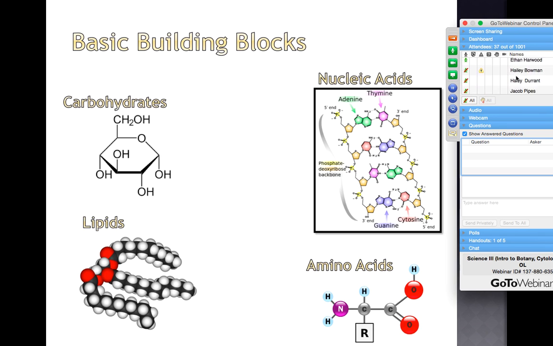So plants use carbohydrates both for energy, for storage of energy, and also for structure, for building structures. Okay. How about lipids? Excellent. What's the main difference between carbohydrates and lipids?